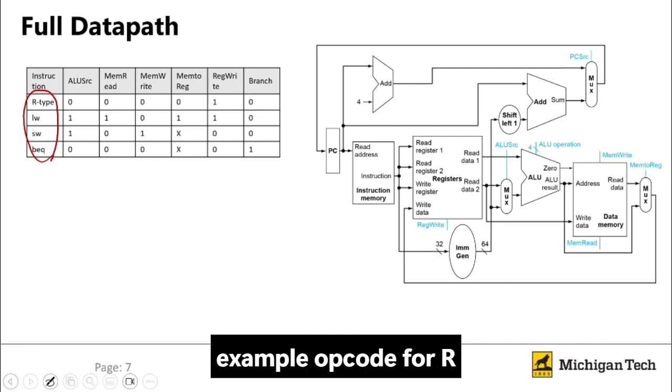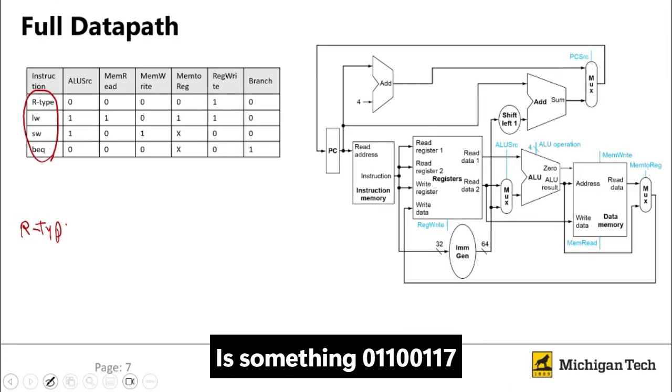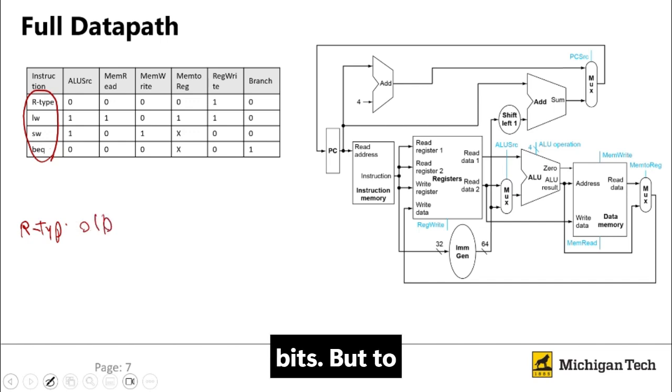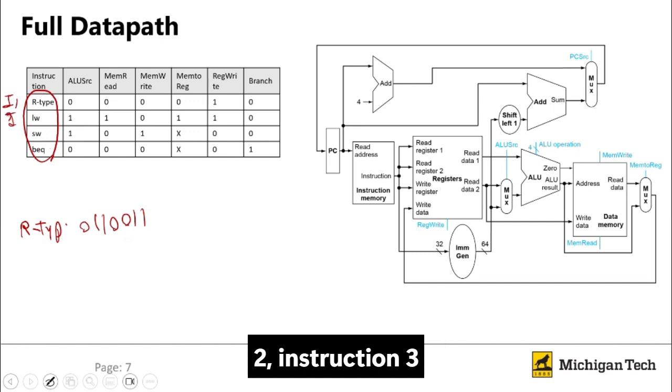For example, the opcode for R type is something like 0110011. It's 7 bits. But to make it simple, we just consider I1, I2, instruction 2, instruction 3, and instruction 4.